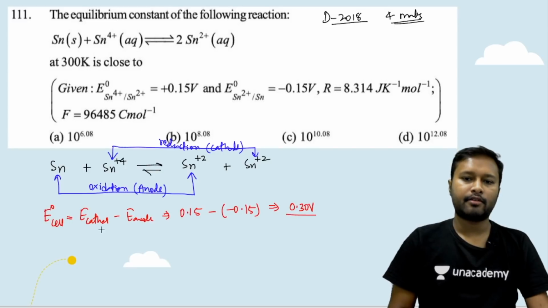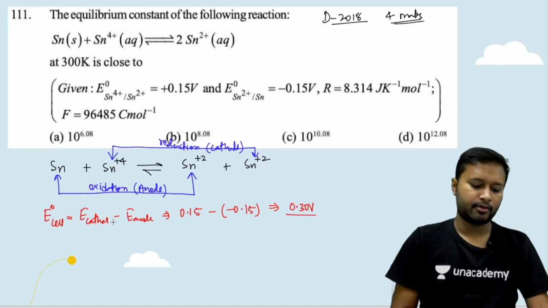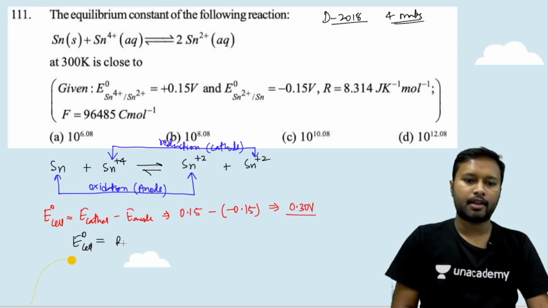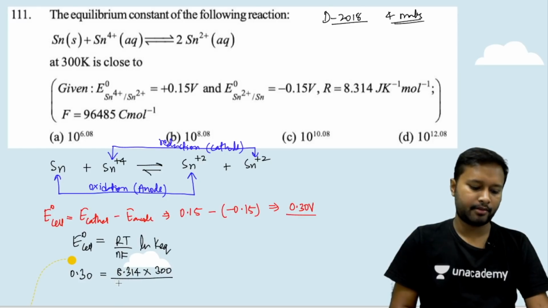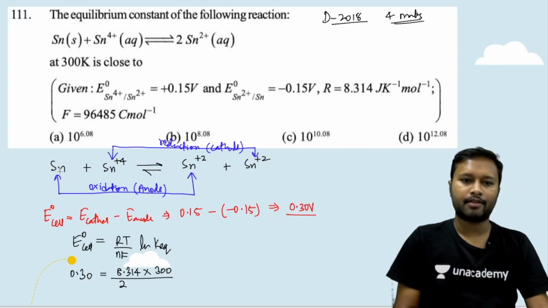Now once you have the E naught of the reaction, you can use the equation to find the equilibrium constant. So how to do that? E naught of the cell is equal to RT upon nF, times ln Keq. If you put the values, E naught of the cell is 0.30, equal to R is 8.314, T is 300 kelvin, divided by n, which here will be 2, because the difference is of 2 electrons.